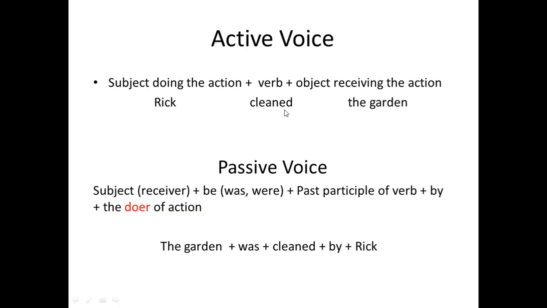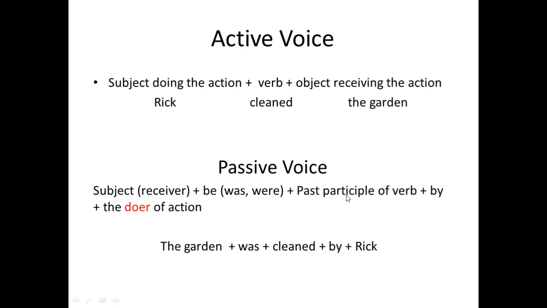Okay? So, as we said, cleaned is in the past, the tense of the sentence is in the past, and also ed, right? So again, we will bring the receiver of the action to the beginning and then add was, because of the subject, which is singular, and then you will have to choose the third form of verbs, past participle. Here we have clean, cleaned. It remains the same.